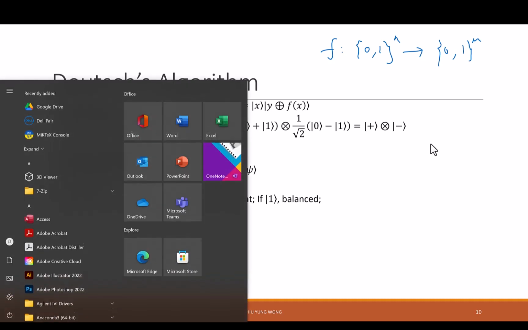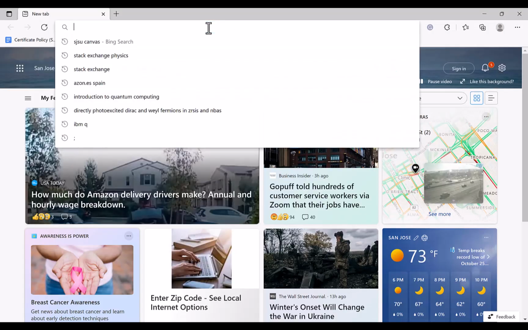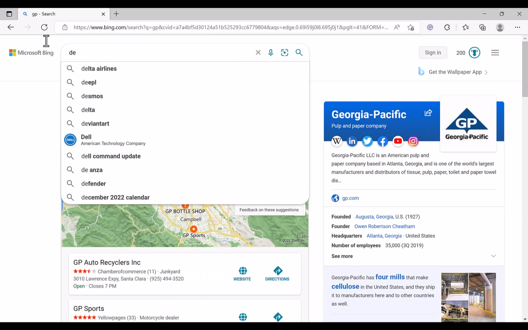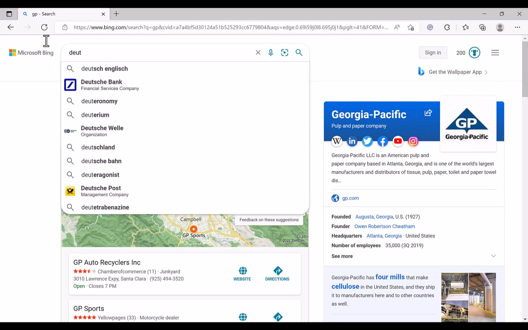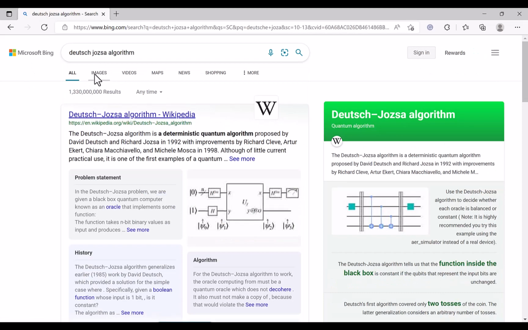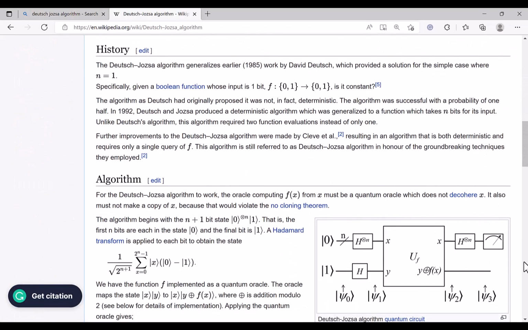Am I right? I think so. Why don't we just quickly Google? It doesn't hurt to Google. I suddenly forgot how many qubits it can have.